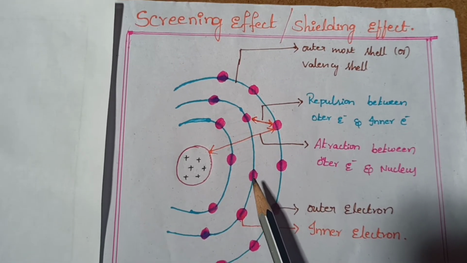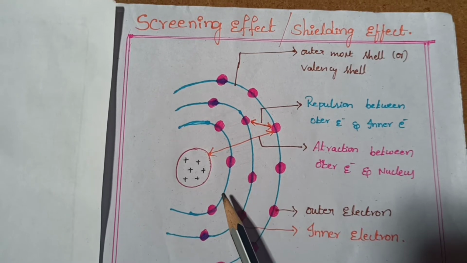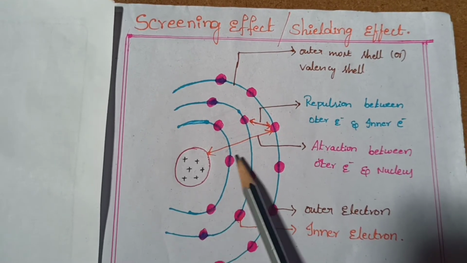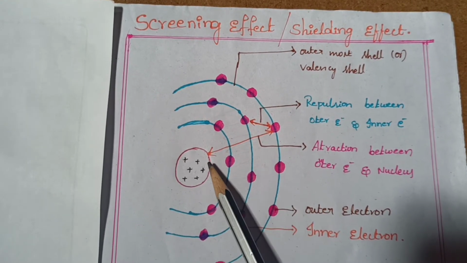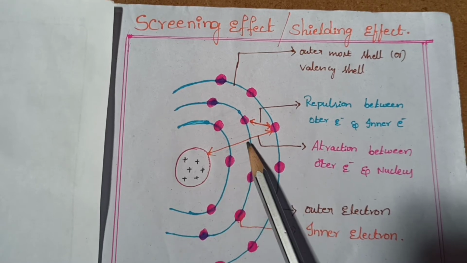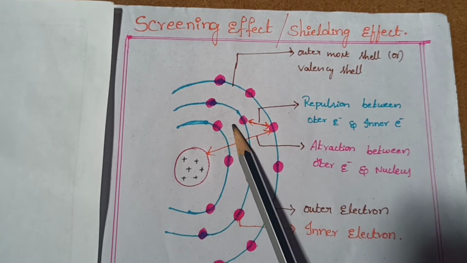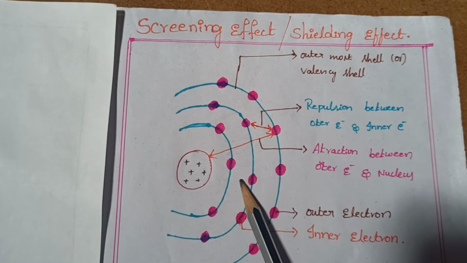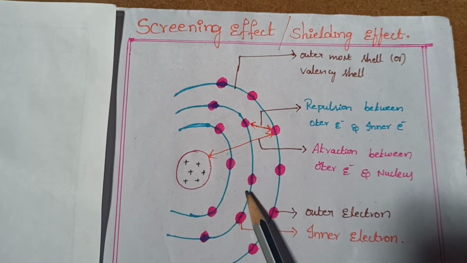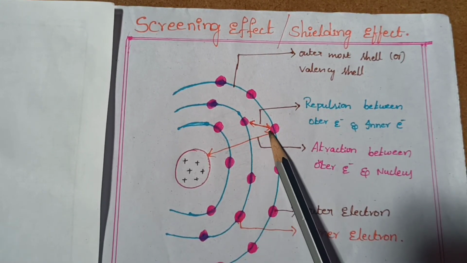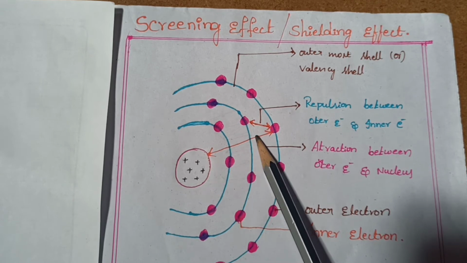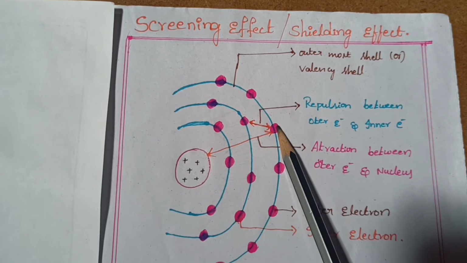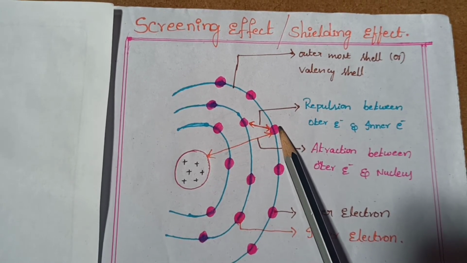Then what will happen? Students, the nuclear attraction on the outermost electron will decrease. Why? Because these inner electrons are forming a screen. Because of that, the nuclear attraction is reduced from here to the outermost electron.